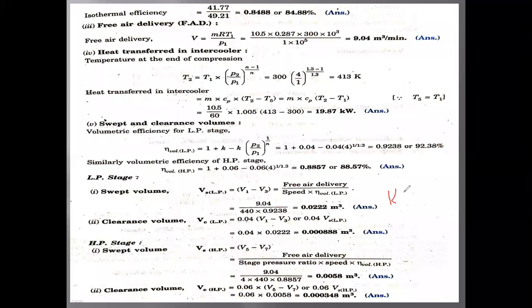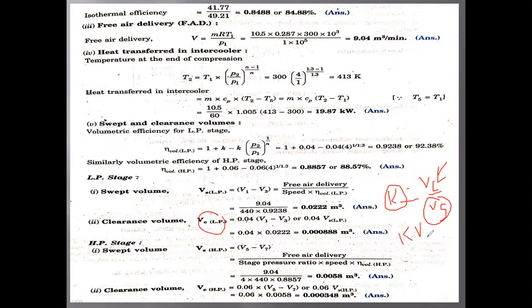Here the clearance ratio is nothing but clearance volume by swept volume, right? We already know this value, so it is easy for us to find out the clearance volume. This clearance volume is nothing but K into swept volume, and we already know the swept volume, which we just found out.